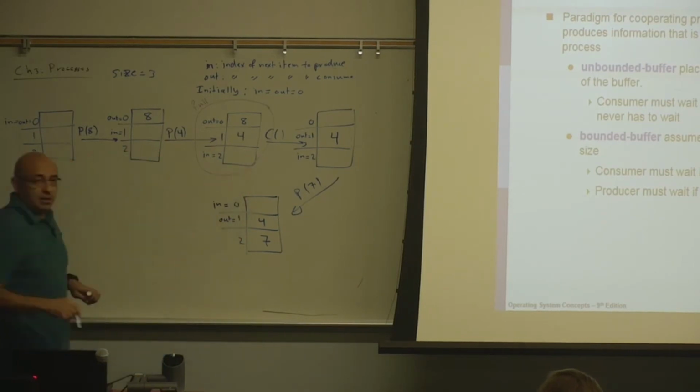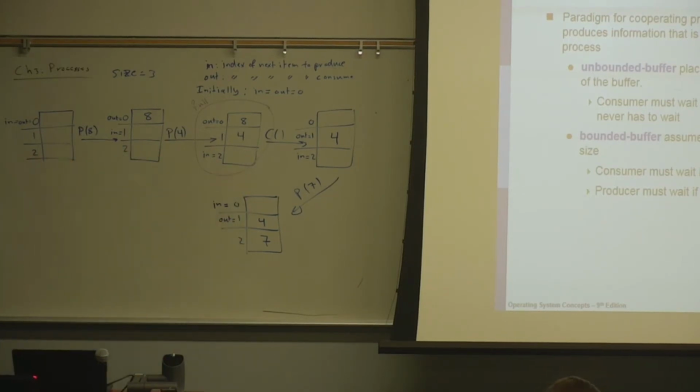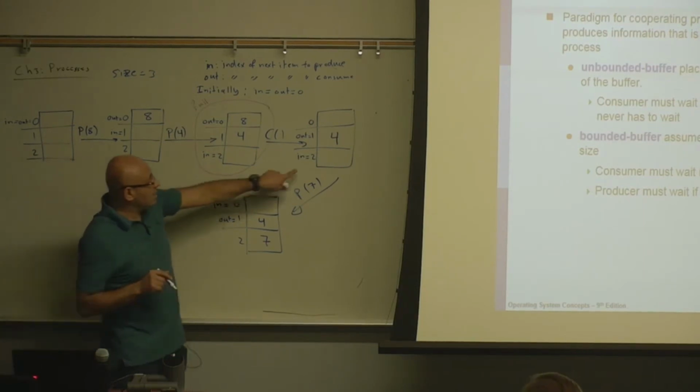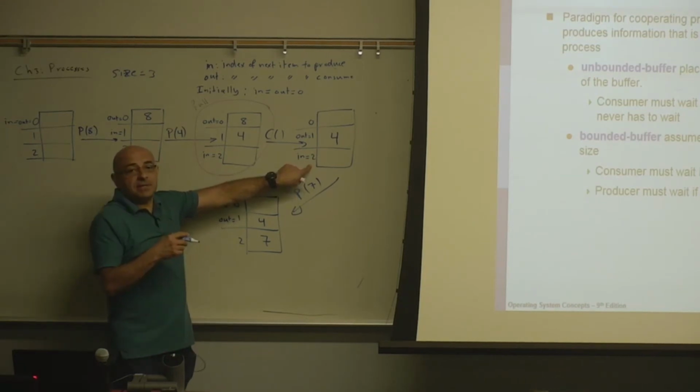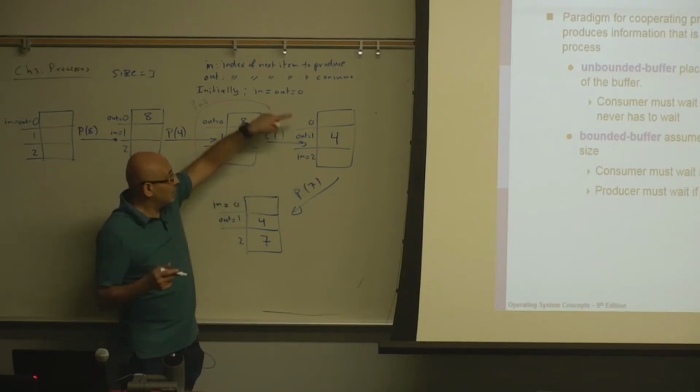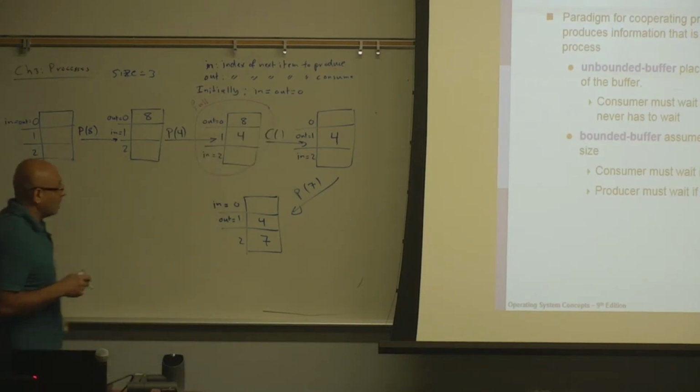So the observation here is that when we are incrementing these indices, when an index reaches the last index of the buffer, in the next step, it's going to wrap around to 0. So now in is 0.